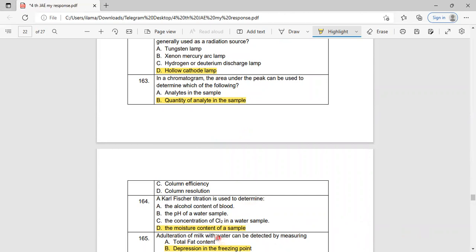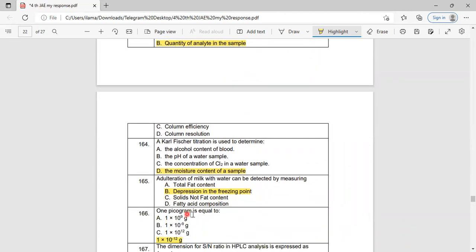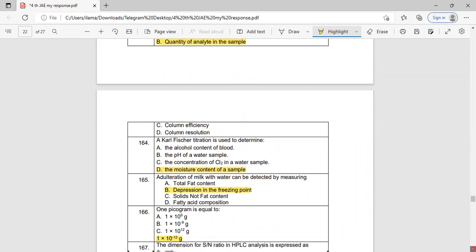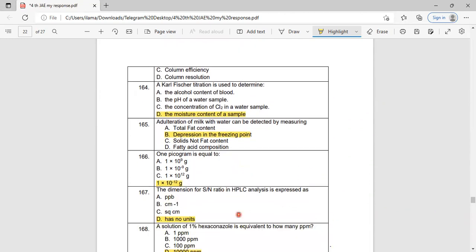Next, the adulteration of milk with water can be detected by measuring the depression in the freezing point. Next, 1 picogram is equal to 10 power minus 12 grams. Next, the dimension of the S/N ratio in an HPLC analysis: since it's a ratio, it has no units.